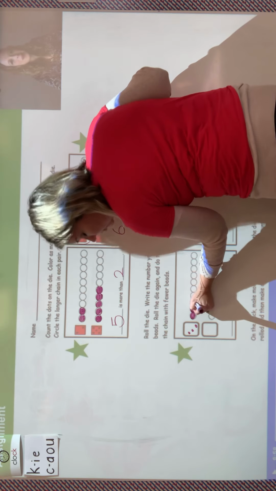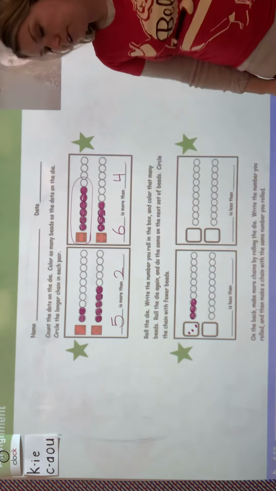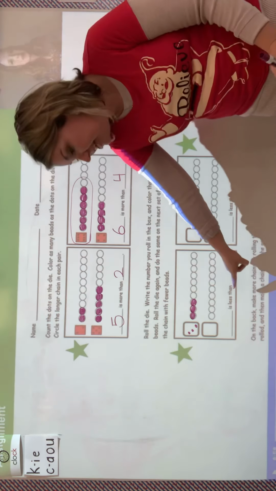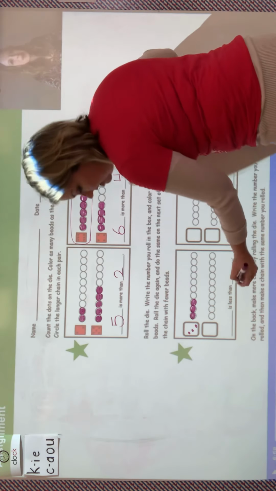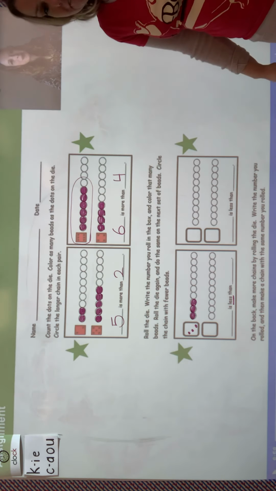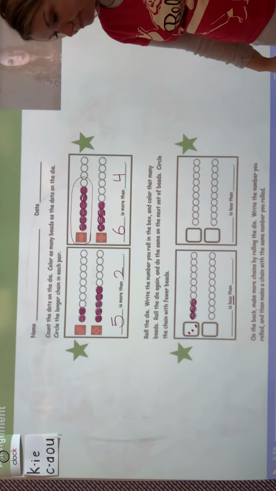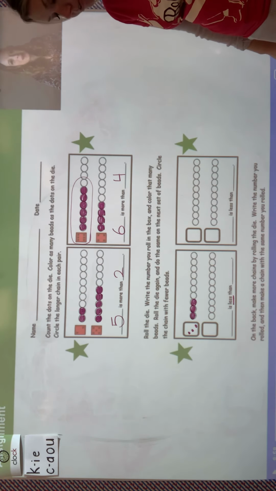Then you're gonna roll your dice again. Draw the dots and color it in. Except this time, oh my goodness, this time it says less. Which one is less or fewer? Don't let that trick you when you do it on your own.